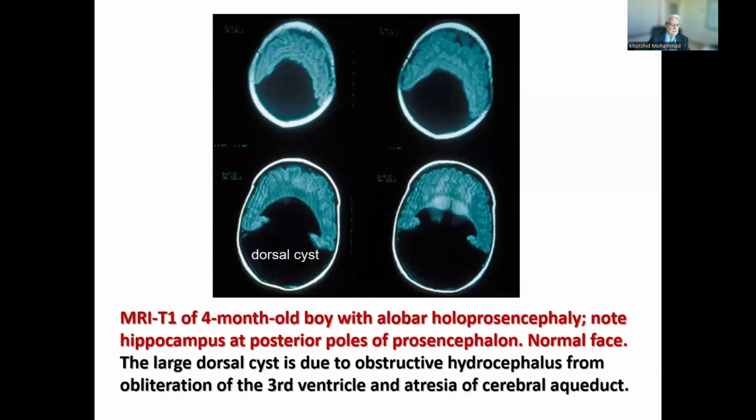And so there is no CSF flow, and they develop a fetal hydrocephalus. And you can see this in the neonate as well, and in older infants. And it's not often given as much attention as it should, I think, in evaluating holoprosencephaly, that these babies have hydrocephalus as well. It's an obstructive hydrocephalus.